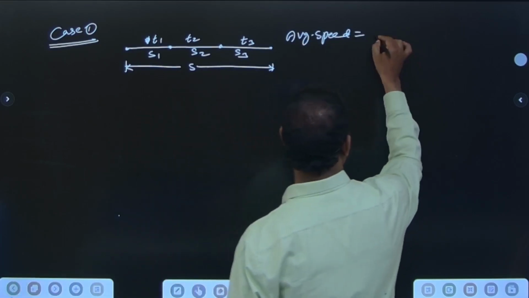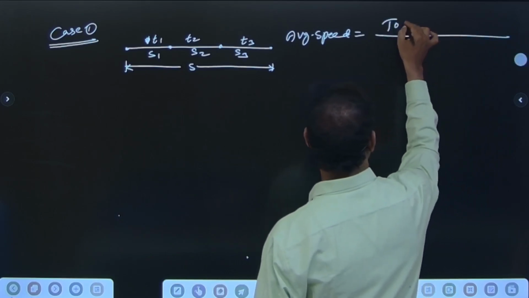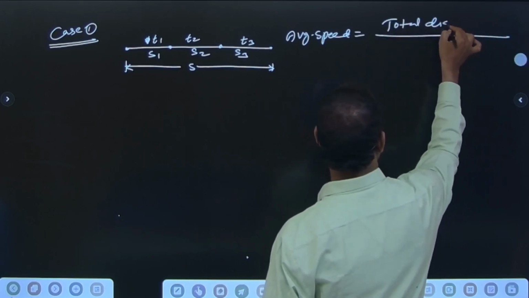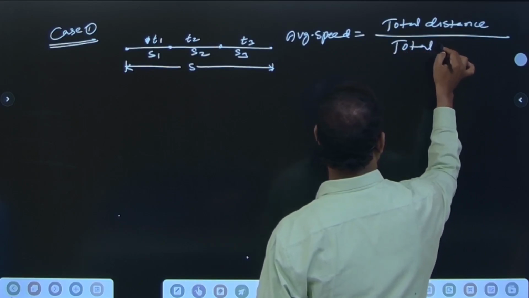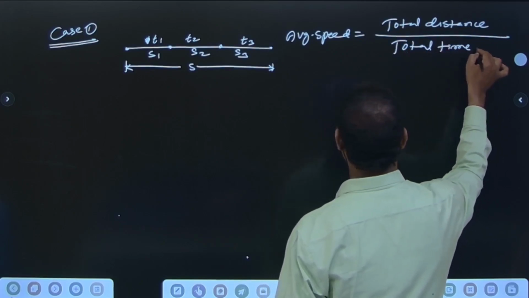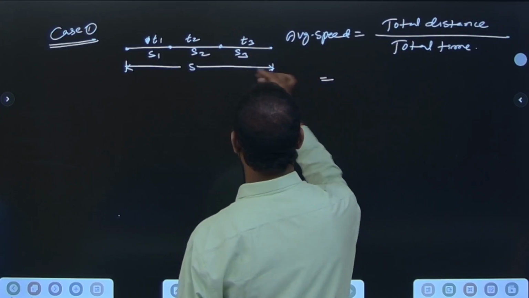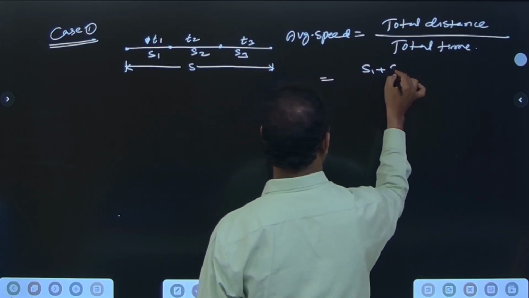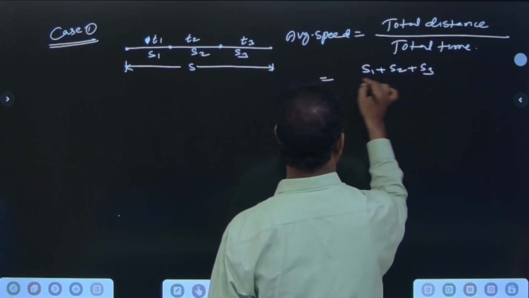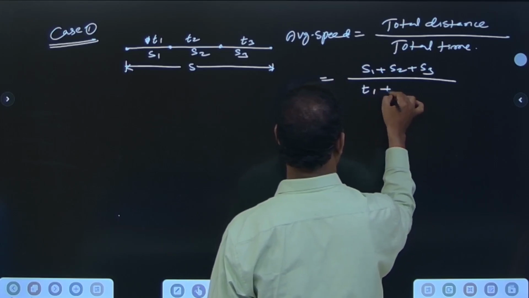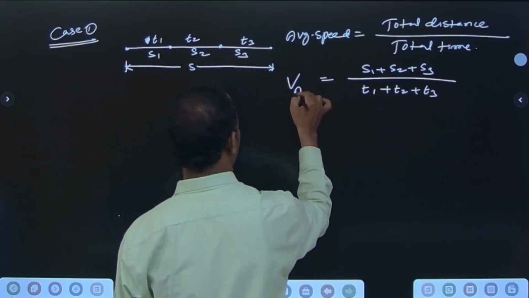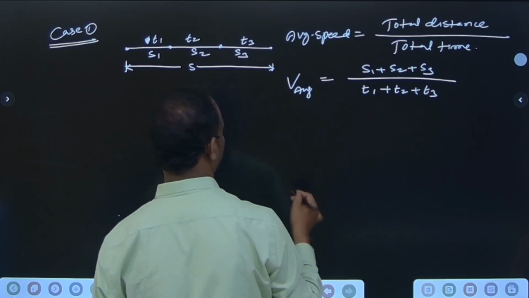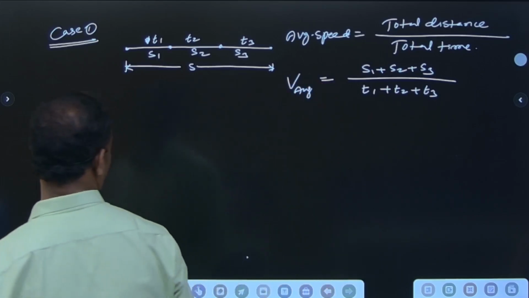So average speed is equal to total distance by total time taken, which is S1 plus S2 plus S3 by T1 plus T2 plus T3. This is the average speed for case 1.